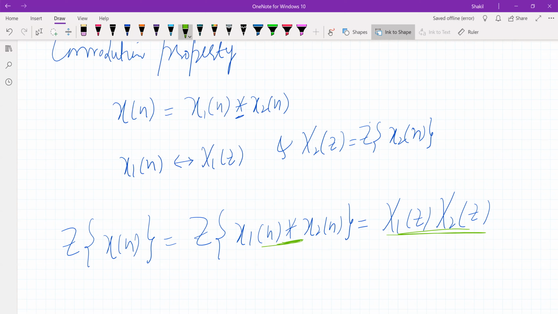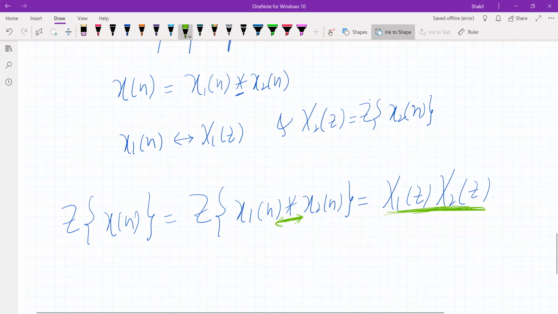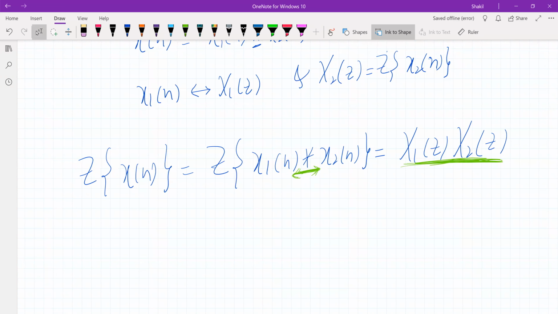Convolution has several operations embedded in it: shifting, addition, multiplication and reflection, that we have already seen in the convolution formula. But here you can see this is simply a multiplication of the transformed signals. So it converts the convolution operation to a simple multiplication operation. All right, so this is the property.